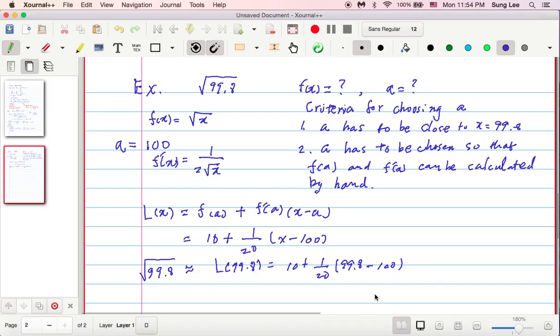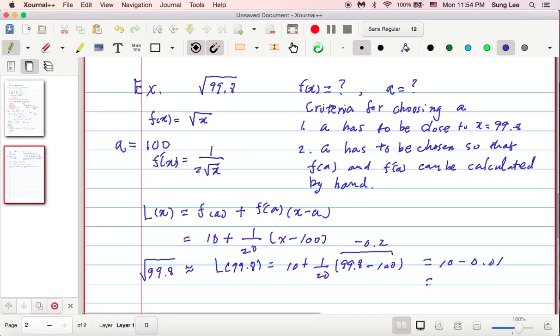Which is 0.02, well, actually that's negative 0.02. Divided by 20, it's going to be negative 0.01.